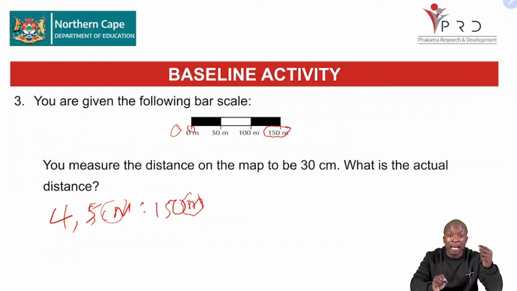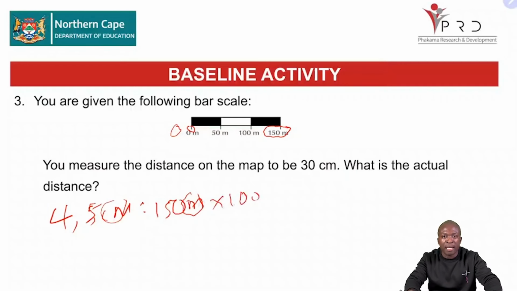So you first have to draw on your knowledge of converting and make sure the units are the same. So we are going to multiply the 150 meters by 100. Remember, in our previous slide, I showed you the conversion table.